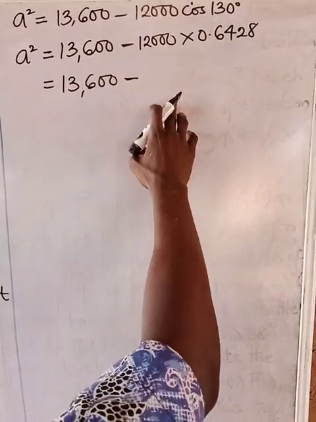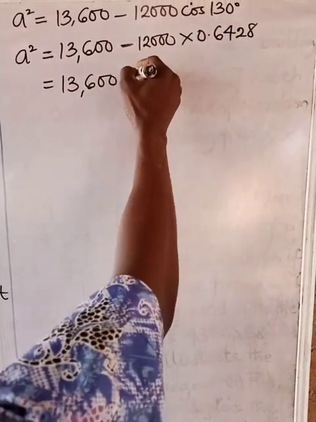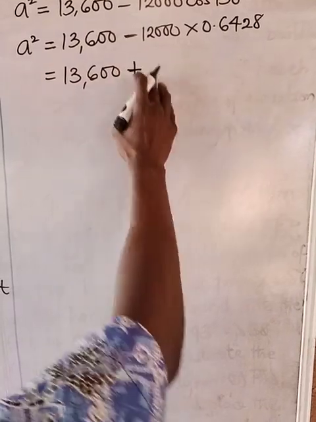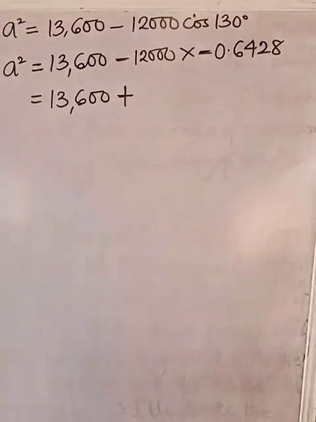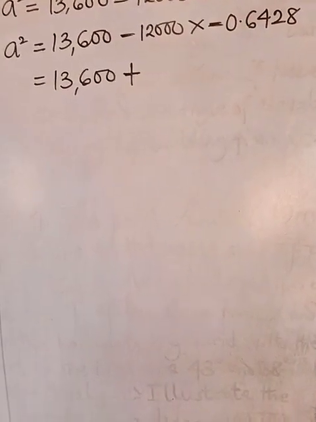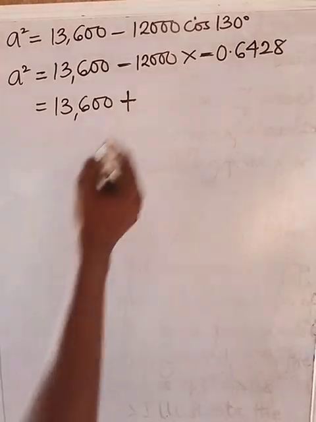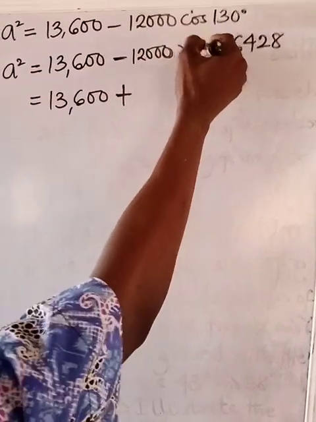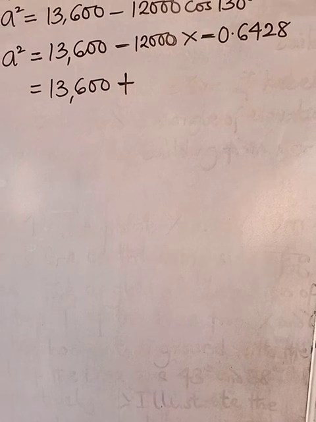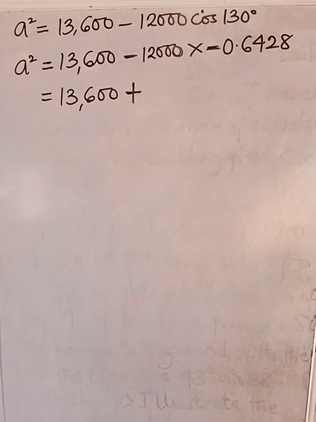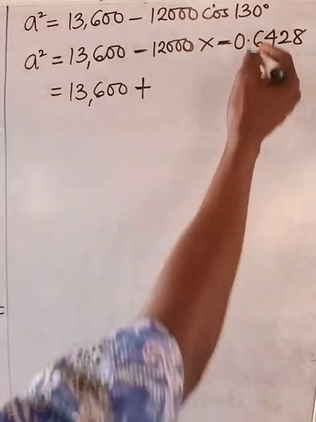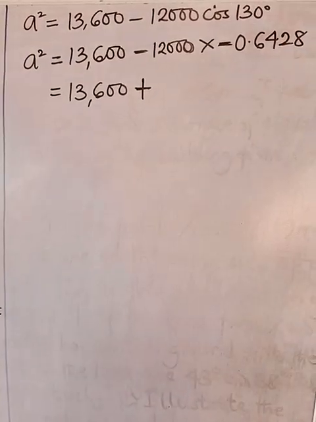When you check it, cos 130 is in the second quadrant, so it's negative: minus 0.6428.